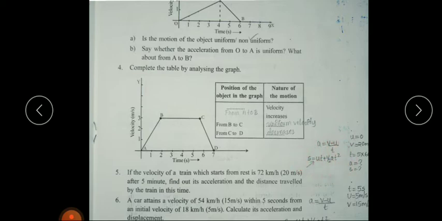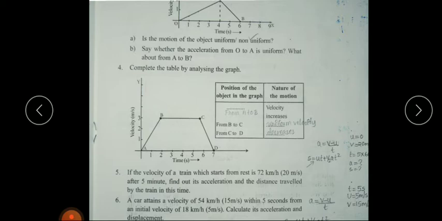Okay. A car attains a velocity of 54 km per hour, that means 15 meter per second, within 5 seconds from the initial velocity of 18 km per hour, that is 5 meter per second. Calculate the acceleration and displacement.